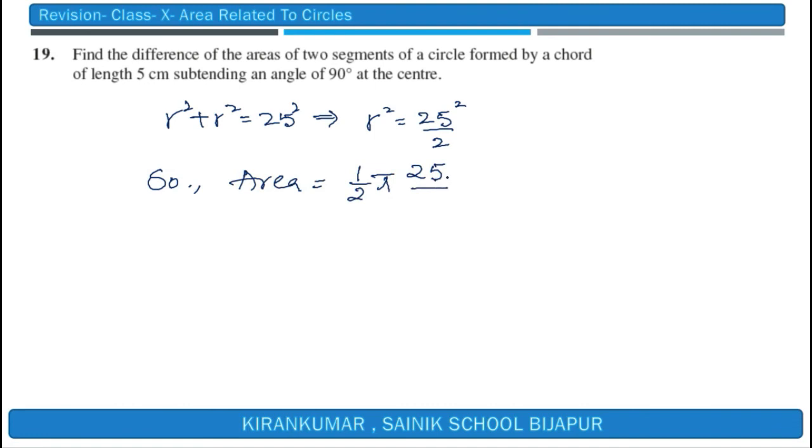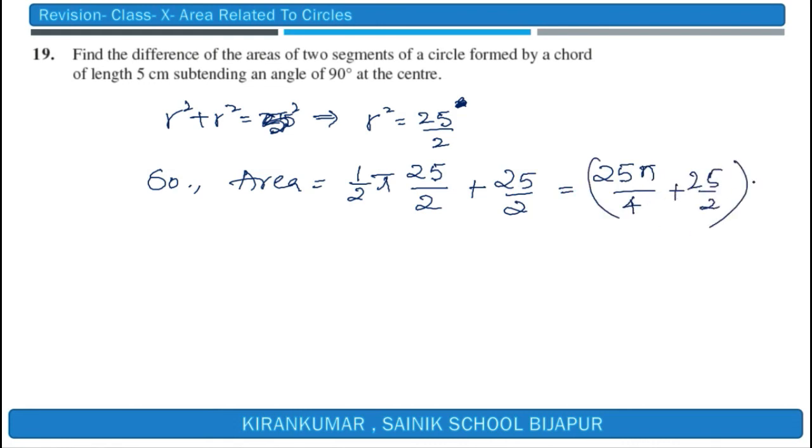It's not 25 square, it is 5 square. 25 by 2 plus 25 by 2. Further, it becomes 25 pi by 4 plus 25 by 2 centimeter square.